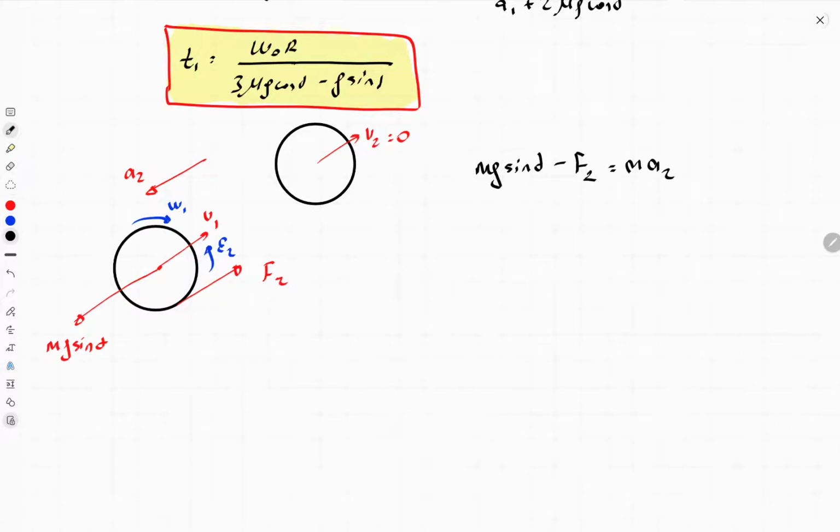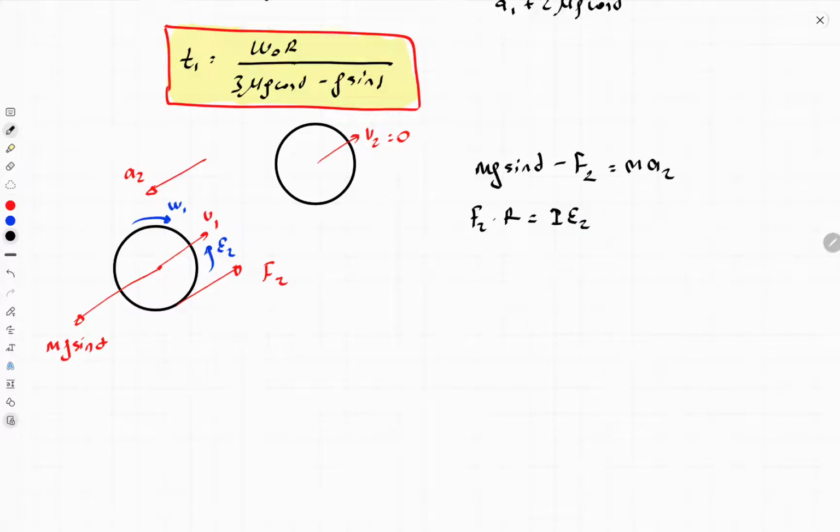We have a friction force F2, and the value for friction force is unknown. That's why let me write torque, because friction force creates torque. F2 times radius equals moment of inertia of the cylinder times angular acceleration 2.